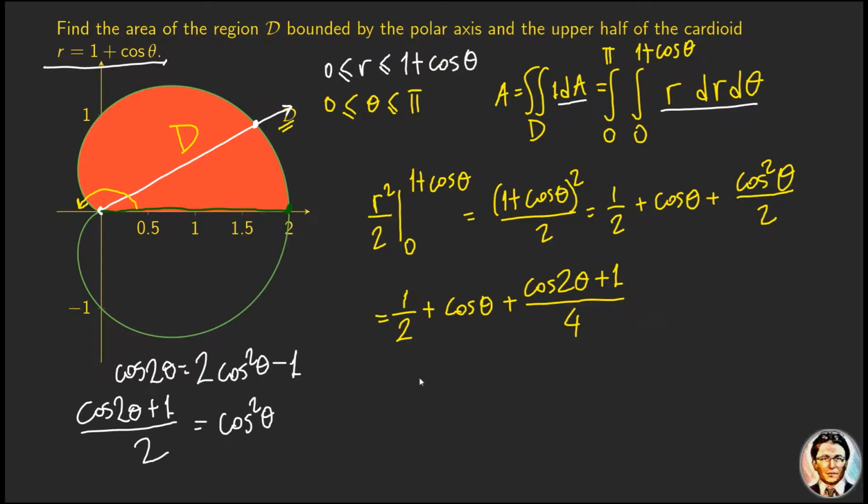So you may say the result of the inner integral is 1 over 2 plus 1 over 4, which is 3 over 4. So from 0 to pi, we have 3 over 4 plus cosine theta plus cosine 2 theta over 4.